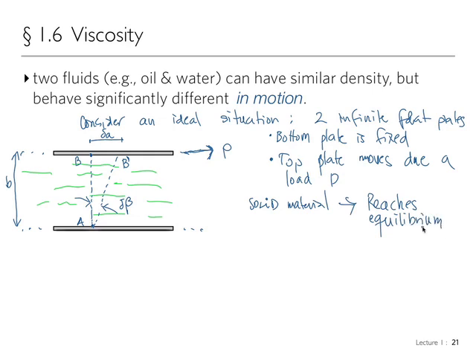So the line AB would be rotated by an angle delta beta and move to the line AB prime.